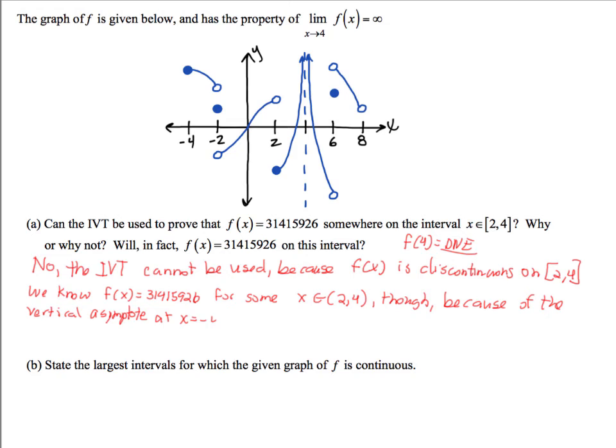So let's look at something a little bit less. So let's say at x equals 4, we have that vertical asymptote. And when we're looking for values from 2 to 4, not including the 4, we do have a continuous function because it only fails continuity at that endpoint.